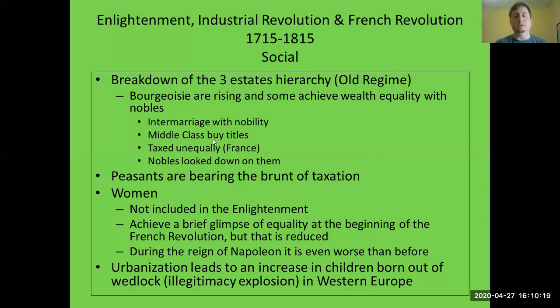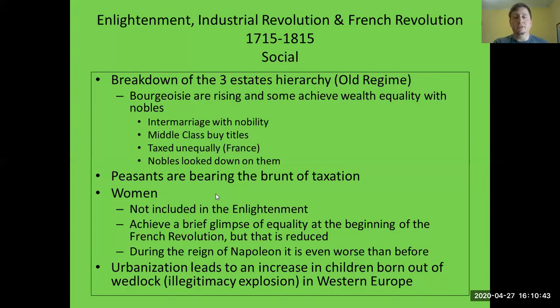And so socially they're looked down on, but economically these nobles are very willing to look the other way and make a deal. Peasants across the board, across Europe, are bearing the brunt of taxation, and so the vast burden of the money being spent by these countries comes from the poorest people.